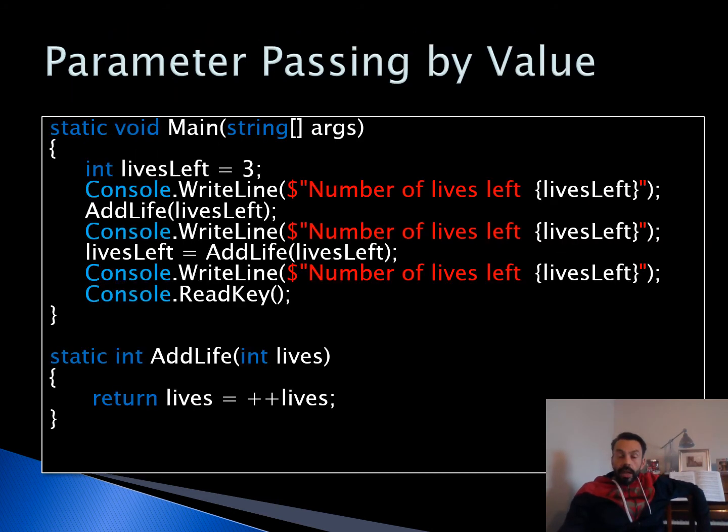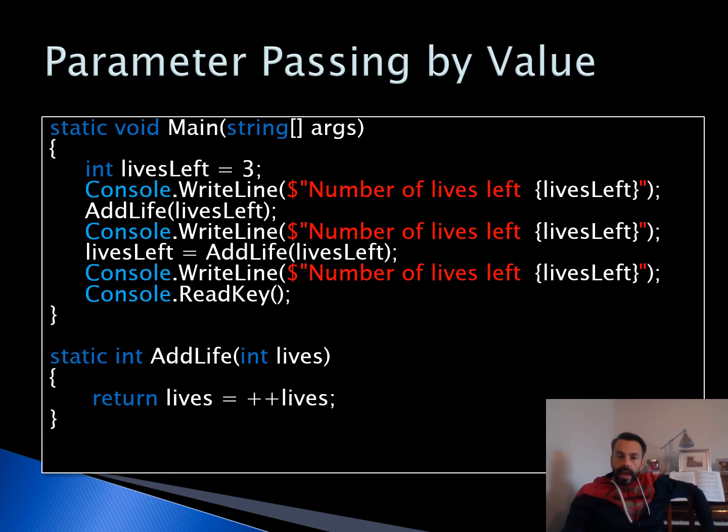Okay, so let's have a look at this. Passing a parameter by value. Okay, so what we're doing here is we've got an integer, lives left equals 3. So you're printing out lives left. Then you're calling that, and what it does is it returns lives, incremented, okay? And that's absolutely fine.